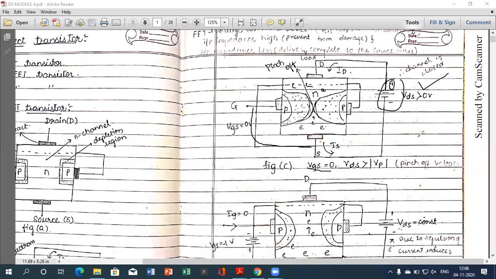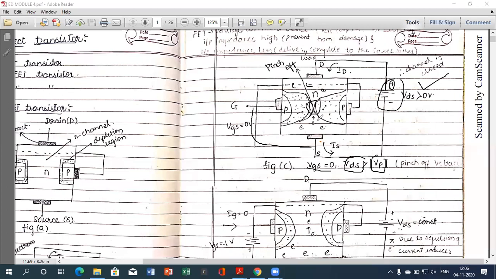But at a particular value of VDS, we call it VP, that is the pinch off voltage, this positive terminal connected to the N type becomes more reverse biased, and the depletion layer between the N and P will be increased, and they will touch each other at a particular voltage, which is shown here.